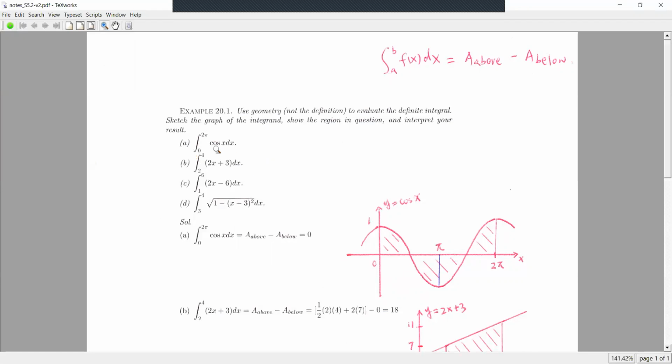Okay, now first integral. Take the integral of cosine from 0 to 2 pi. The integrand of this integral is cosine. Here is the graph of cosine.